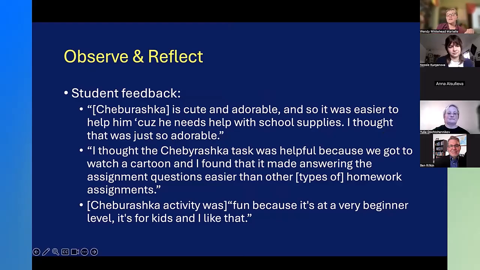So here are some comments that students had after that. Oh, Cheburashka's so cute, and I want to help him. This was such a fun activity. They said this kind of assignment is easier than other types of homework assignments; they compared it with other types of homework.